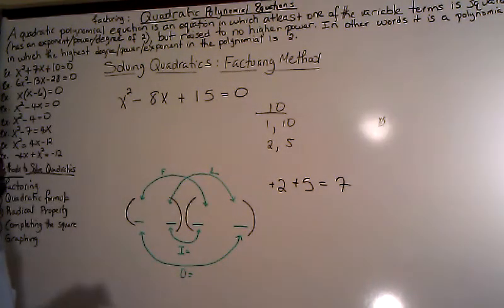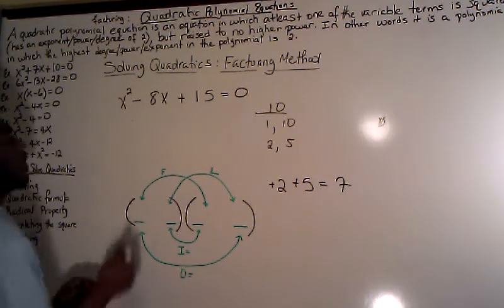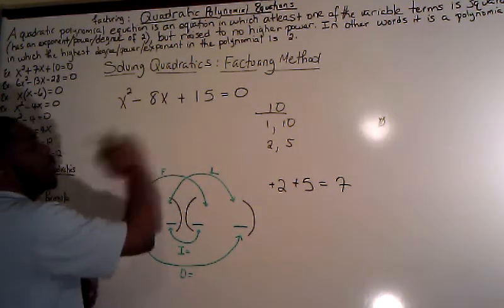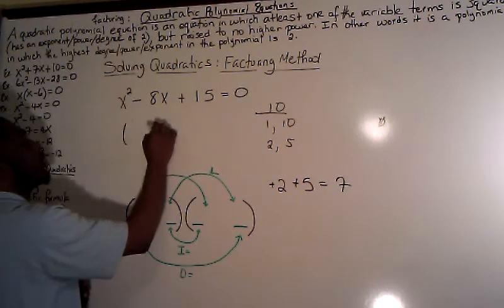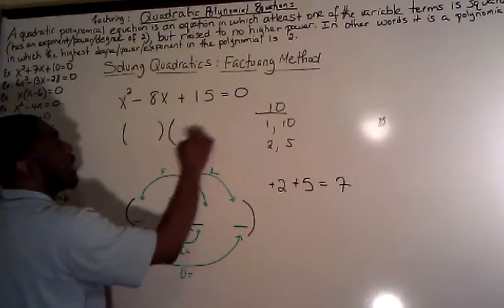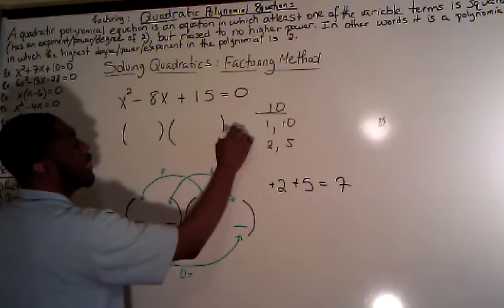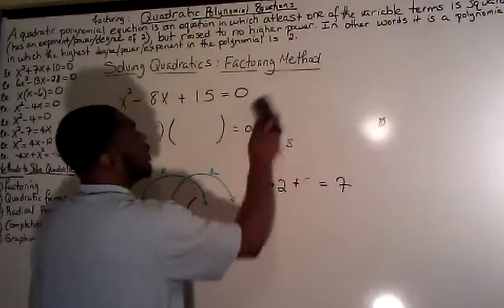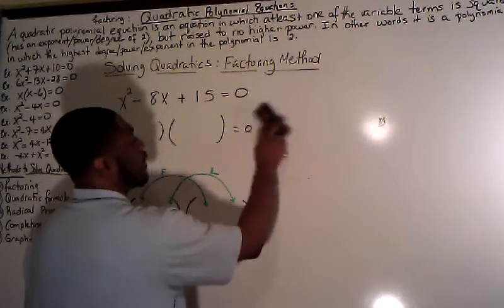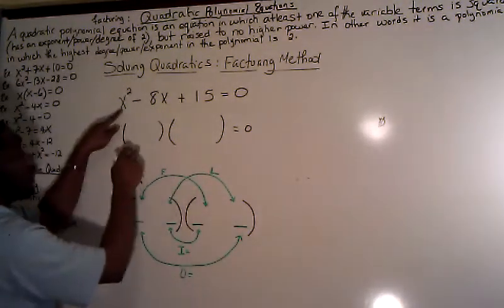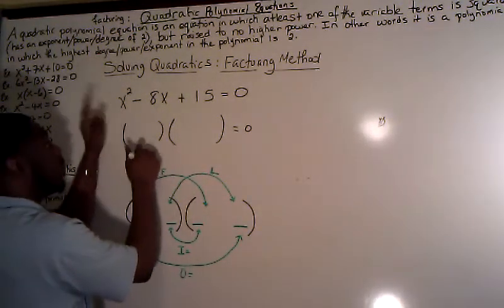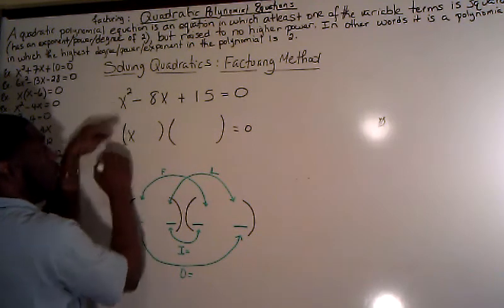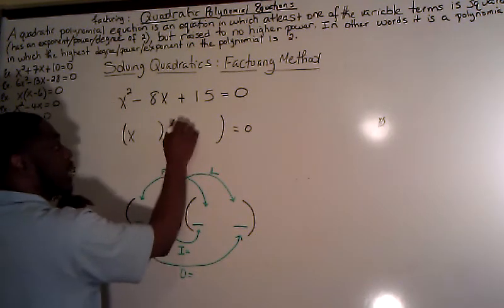To factor this, what we need to do is set up our parentheses first of all. And again, we discussed that the first term in our parentheses will always be whatever variable we have here, with a 1 here and another 1 here.